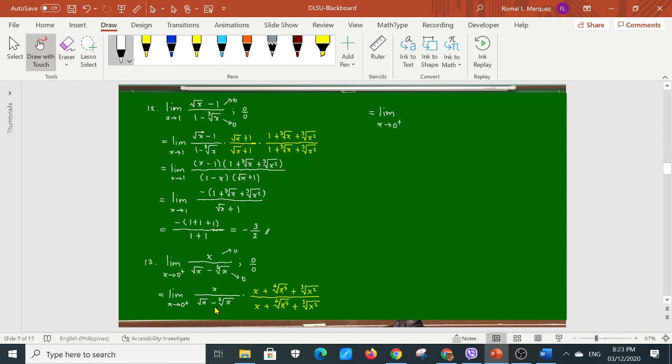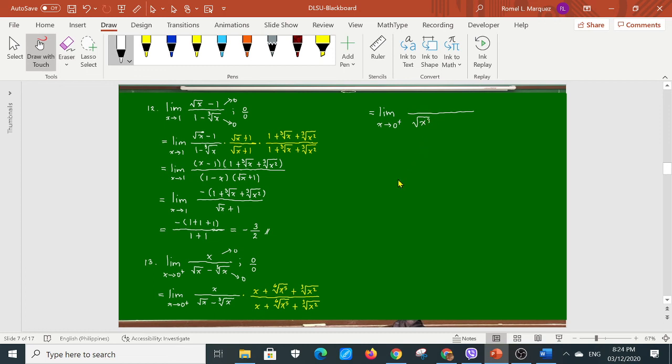Anong product nito? Cube nito, di ba? A minus B, A squared plus B squared. Anong cube ng una? Hindi yan matatanggal yung radical, ha? That is cube root ng cube nito, so x cube.